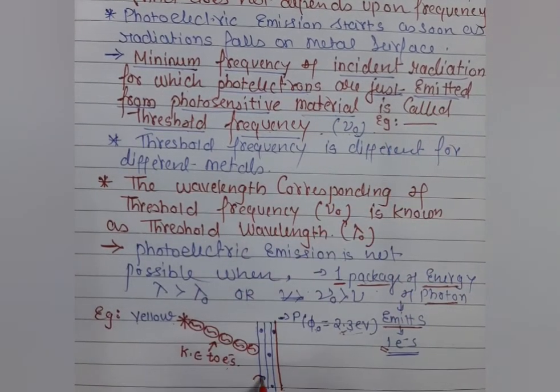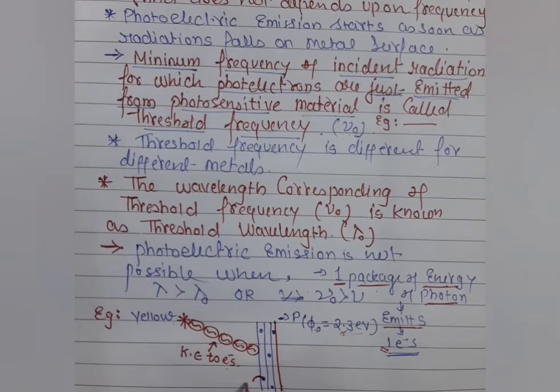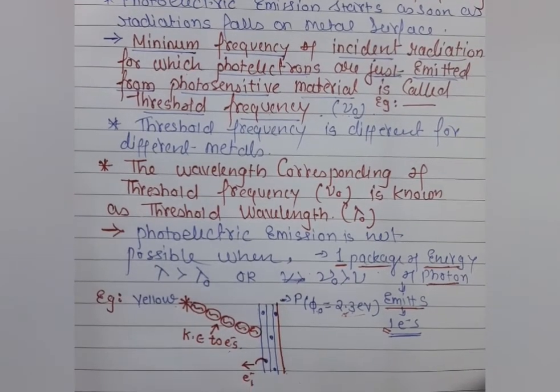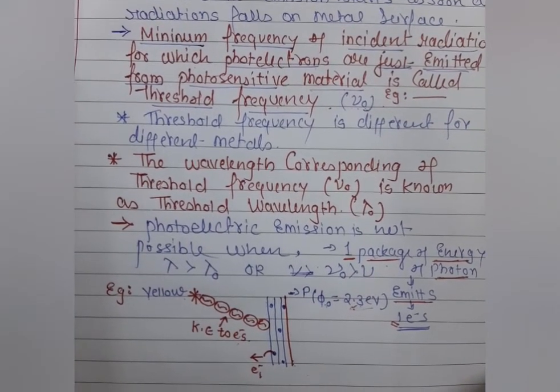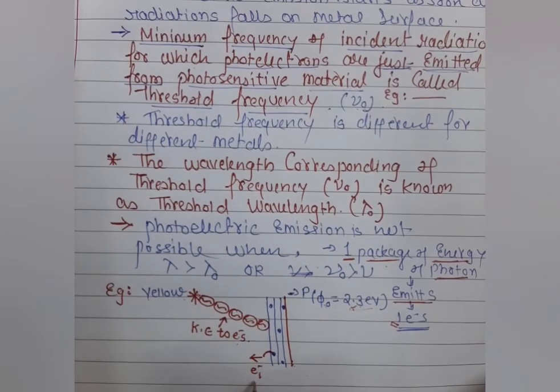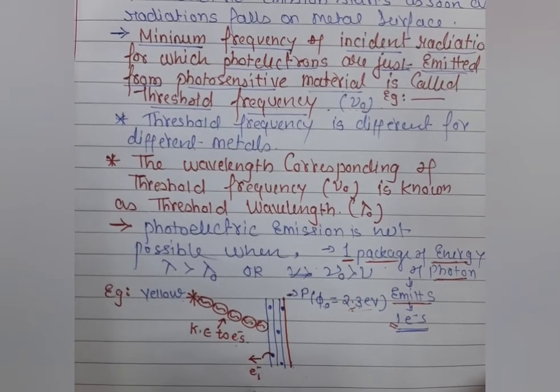This electron is emitted from the surface of the metal, and this process is known as the photoelectric effect. When this electron is ejected from the surface of the metal, it gets this much kinetic energy. Clear?